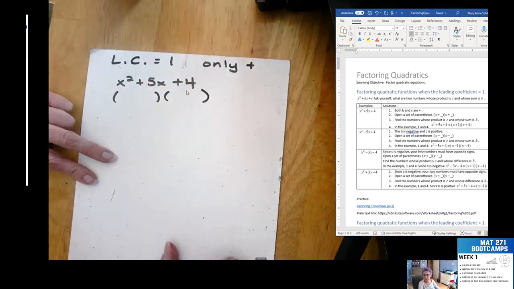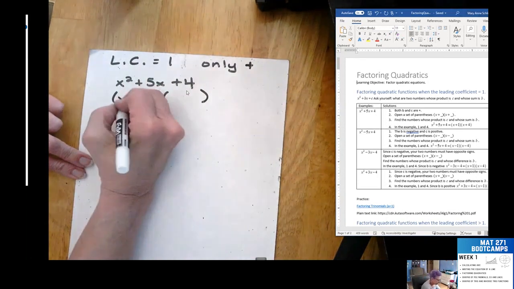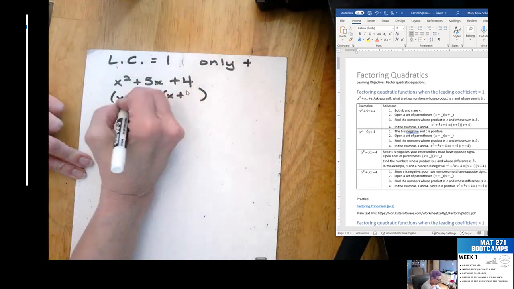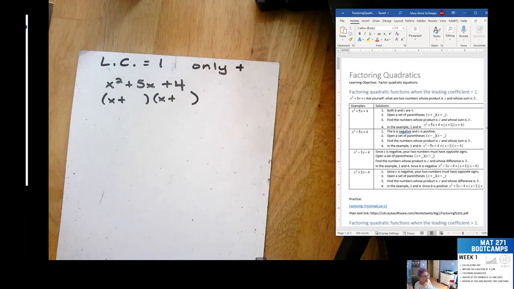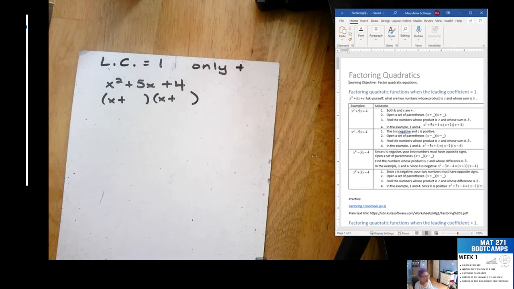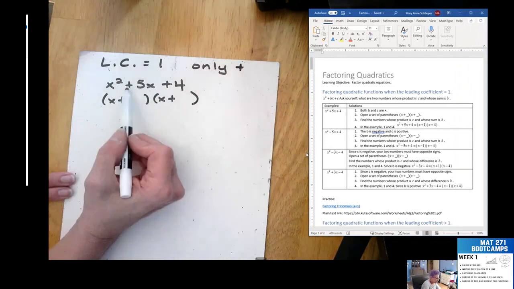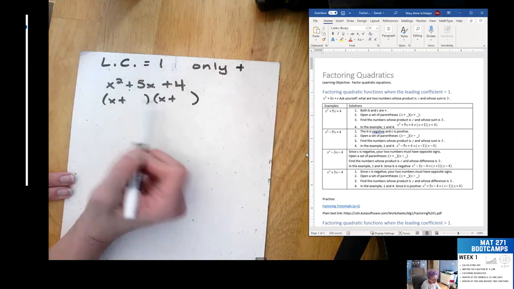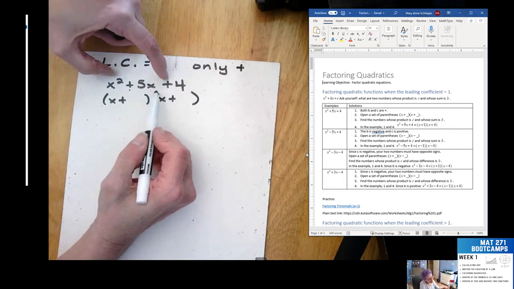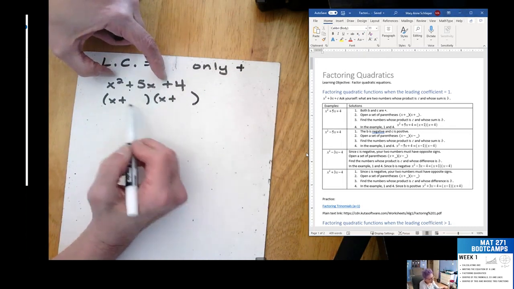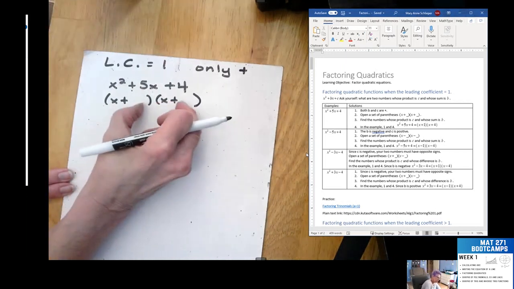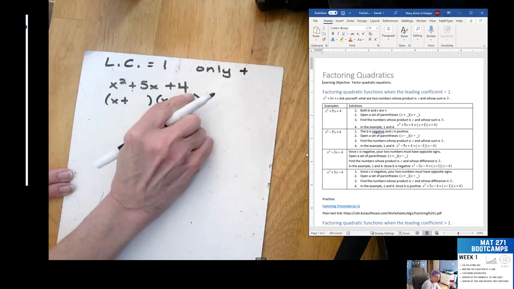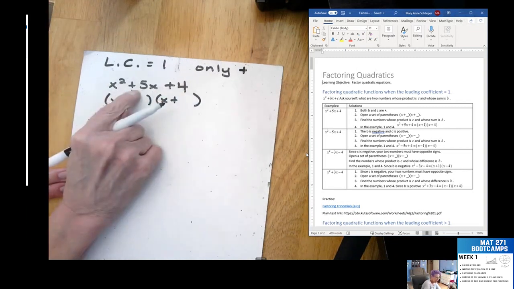We open up our parentheses. In order to have that 4 be a positive number, it absolutely has to have a positive times a positive, because this number is positive. Because factoring our trinomial comes from foiling these two things together. If we foil these two things together, we're going to multiply these two numbers to get the 4, and then we're going to add them to get the 5.